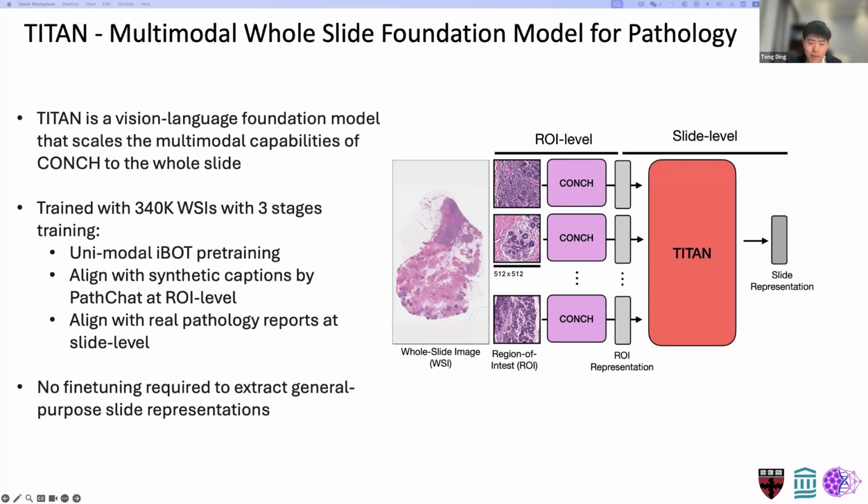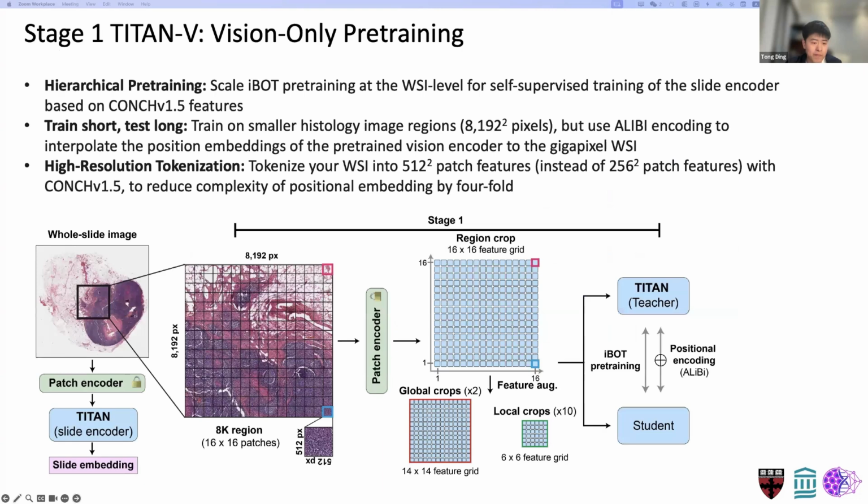More specifically, we start with our stage 1 training details. To use the previous patch level training methods like DINO-like methods, such methods require square input, but most of these slides are typically of irregular shape.